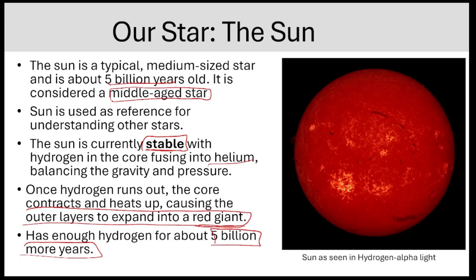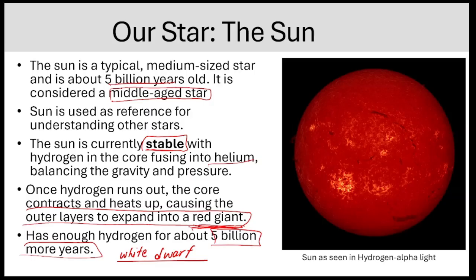And eventually, after millions and billions of years, the sun will shed its outer layers and change from a red giant and leave behind a white dwarf.